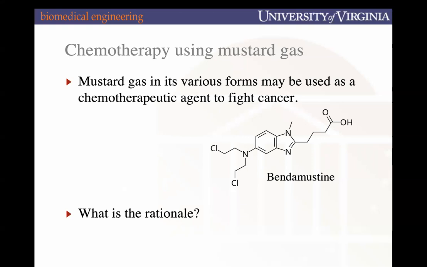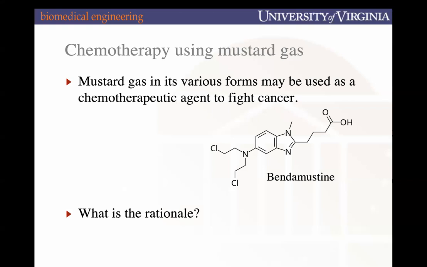But I'll pose a question to the class: why do you think mustard gas, which affects replication, would have been a good idea as a chemotherapeutic? It's not a trick question, but why would that be a good idea?